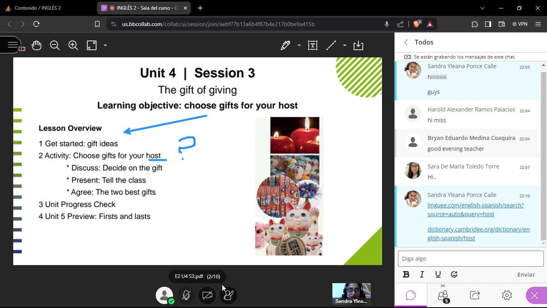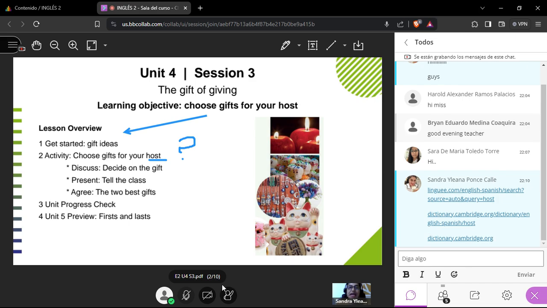As you can see, the Cambridge Dictionary shows you the pronunciation, the meaning of the word in English, and examples in English. I recommend you to use the Cambridge Dictionary to know the meaning of the words. Host.